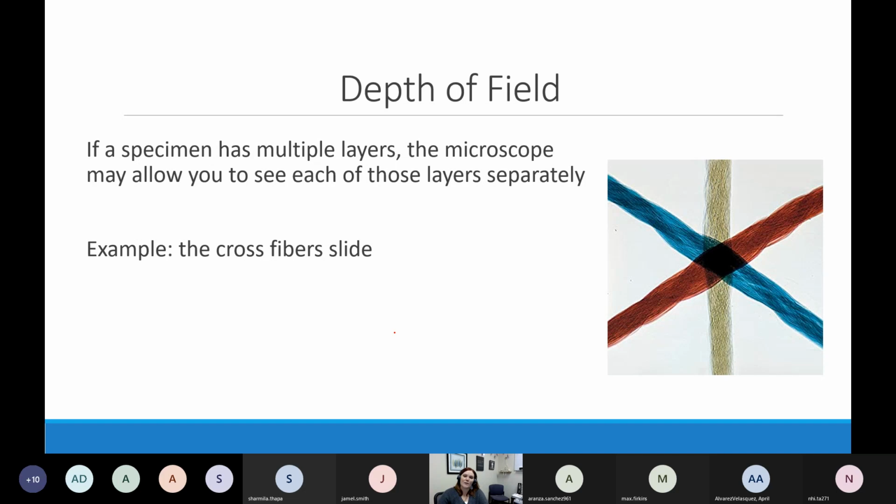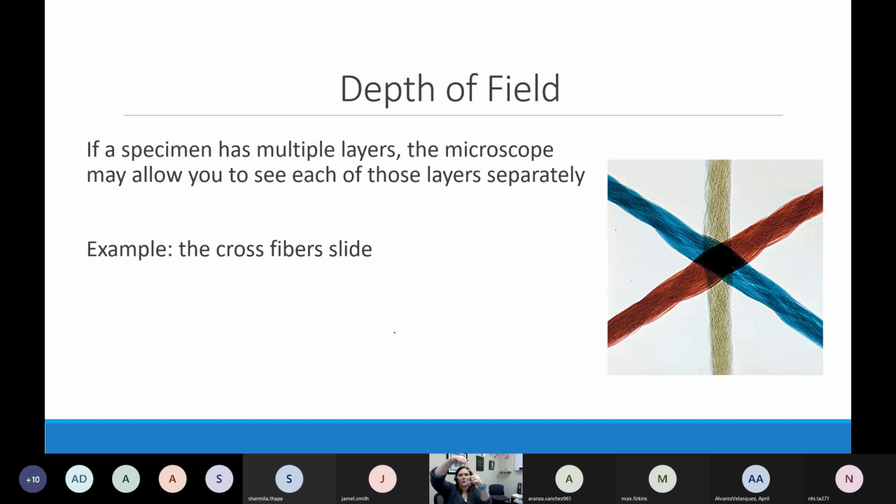When we're using our microscopes to make things bigger, our ability to see the 3D space changes based on which objective we have in place. So the amount of that slide that we're able to see clearly at one point in time is called the depth of field.